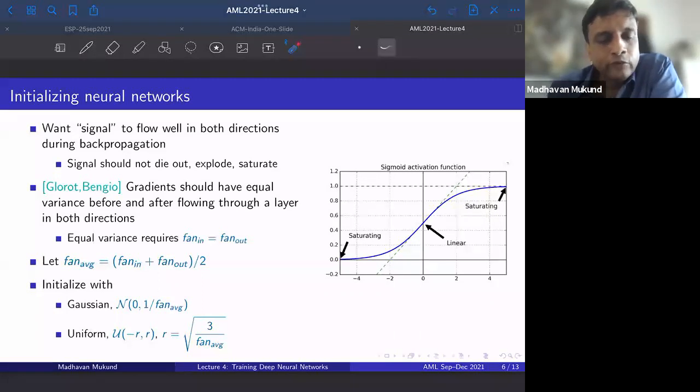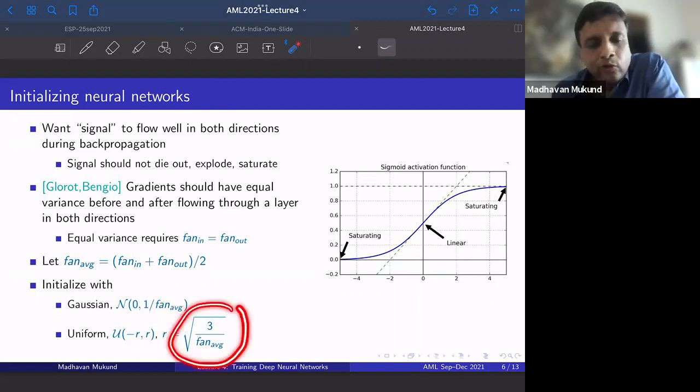So the Gaussian is going to give you 0 plus minus something, with this variance determining how much that plus minus is. So similarly, in a uniform distribution, you say you want to take a value uniformly at random between some minus x and plus x. So what is that minus x? What is that plus x? So they said choose this R, the range of your uniform distribution, to be this mysterious thing. It's square root of 3 divided by the average fan out.